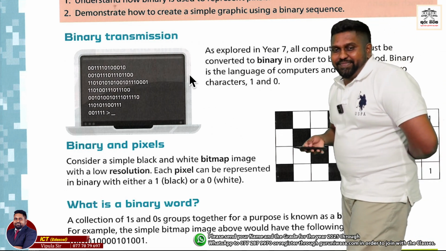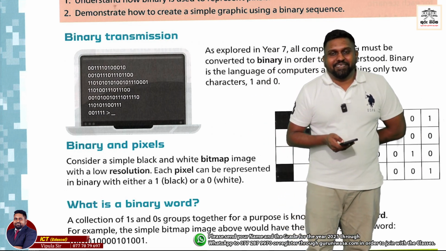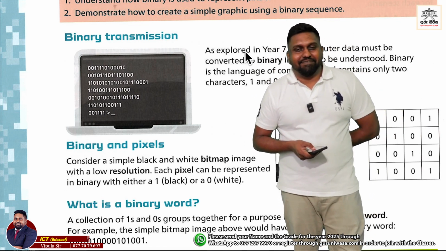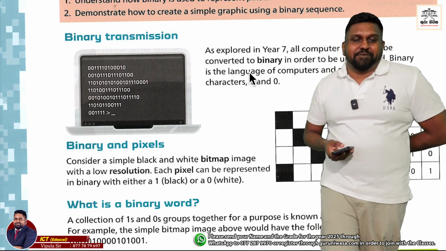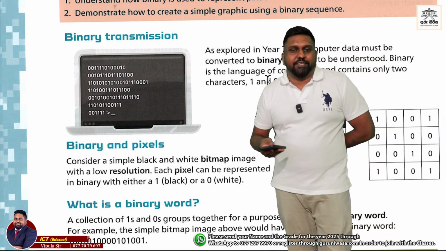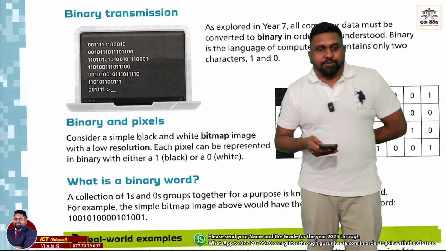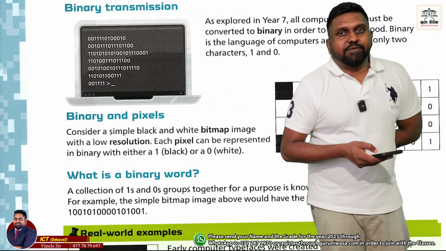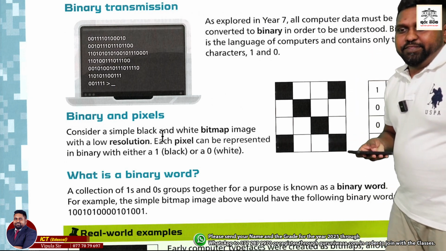We talked about this in year 7 as well. All computer data is converted into binary, because that's how data is read by a computer. So it's 1s and 0s. Simple theory, you should already know this. When it comes to binary and pixels, the idea is something like this.